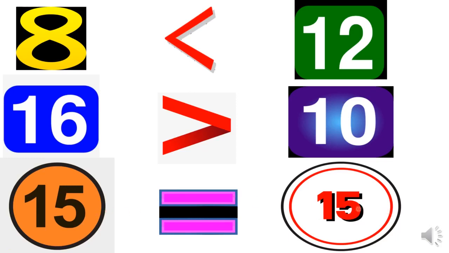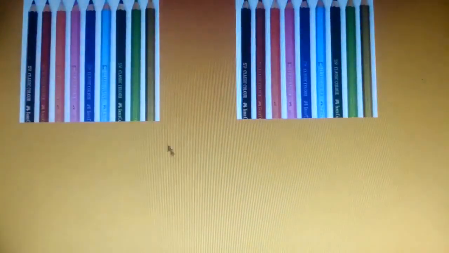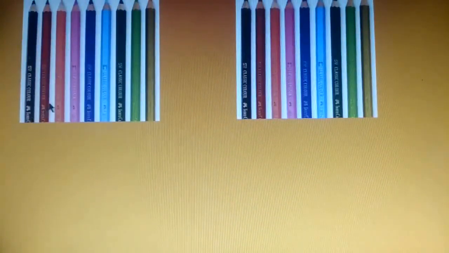Okay children. What is this? Yes, these are colorful pencils. So let's count. 1, 2, 3, 4, 5, 6, 7, 8, 9. This side the number of pencil is 9.